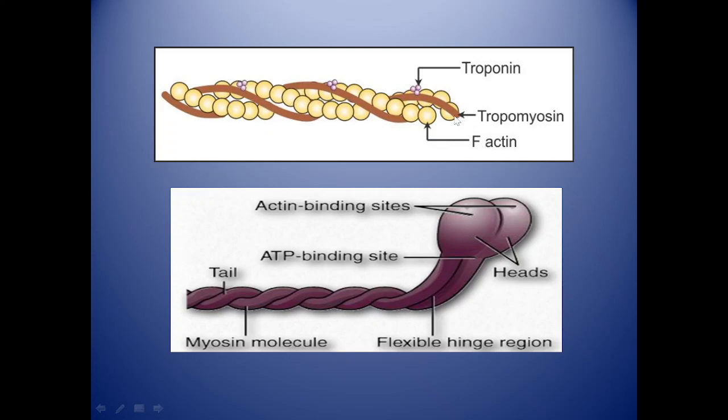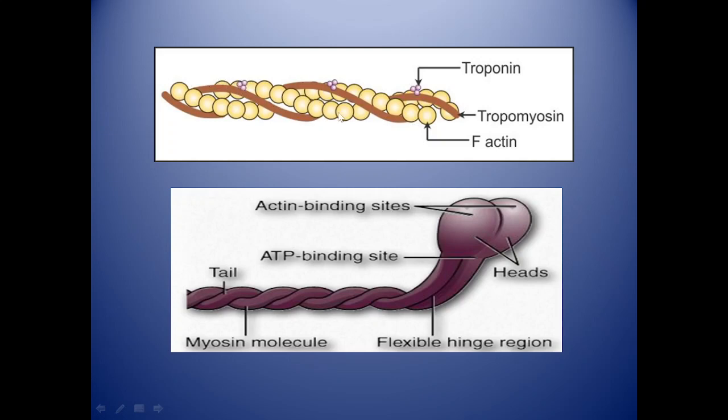Then they have one more protein around it, which is known as tropomyosin. The tropomyosin has certain points upon its surface which act as attachment points. These points are always masked or covered up by another protein called troponin. I repeat, actin has two fibrous proteins called F-actin, each made up of globular proteins.